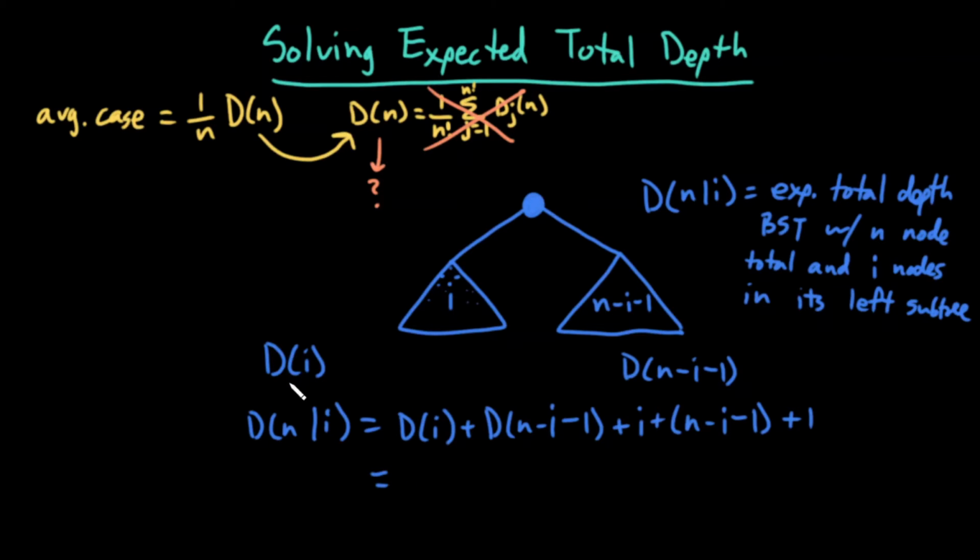Therefore, the expected total depth of a tree with n nodes, given that it has I nodes in its left subtree, is just the expected total depth of a tree with I nodes plus the expected total depth of a tree with n minus I minus 1 nodes, plus n, since the I and the minus I minus 1 cancel out.